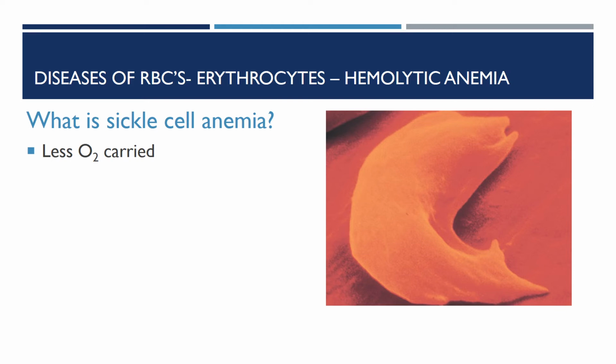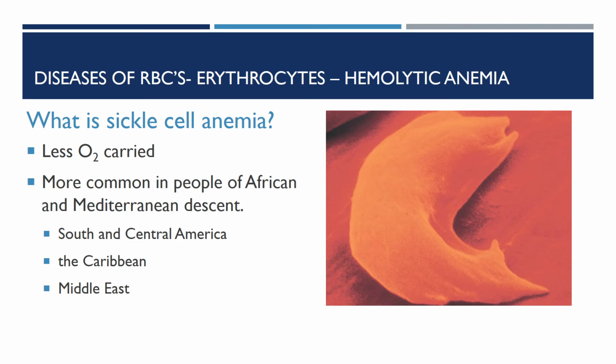So now they have an inability to carry as much oxygen. You see this disorder more commonly in people of African or Mediterranean descent. It is also present in other cultures and ethnicities of the world, such as Central and South America, the Caribbean, and the Middle East. And so we see a higher rate of incidence among individuals from these parts of the world.